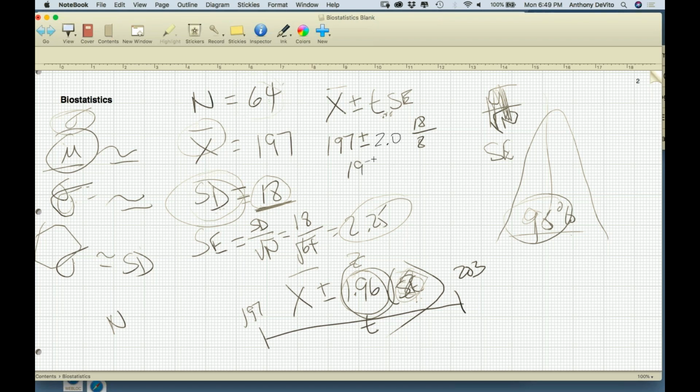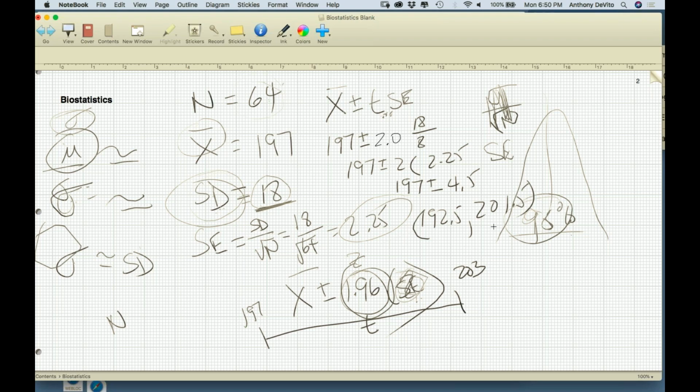So it's going to be 197 plus or minus 2 times 2.25, or 197 plus or minus 4.5. So it's going to be 192.5 to 201.5. I get that right?